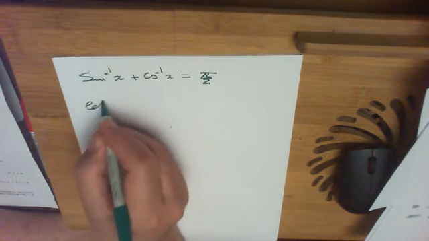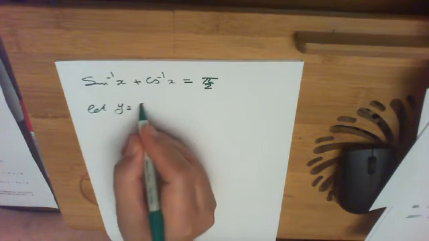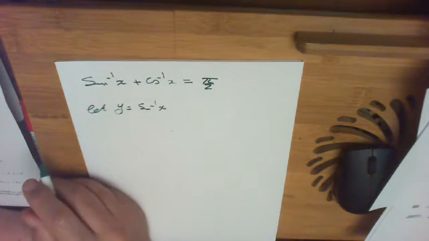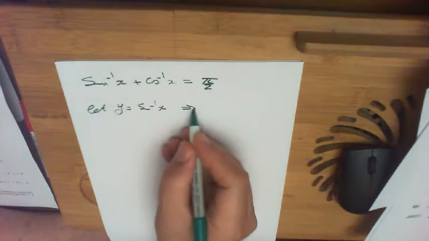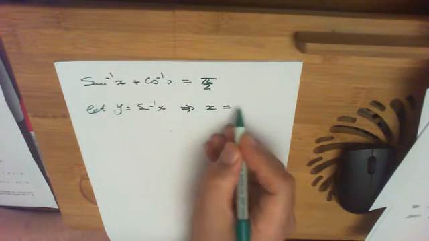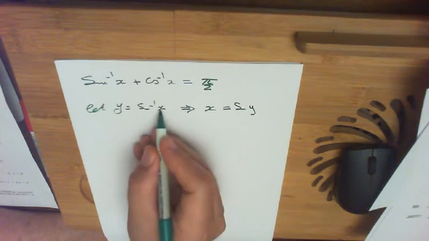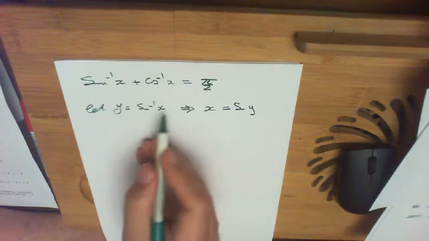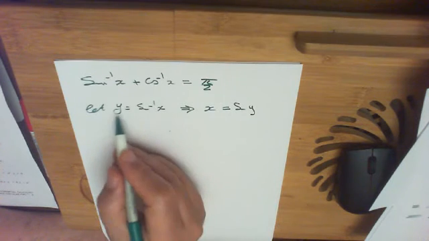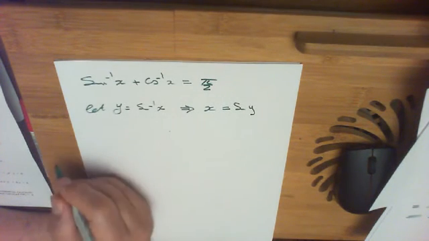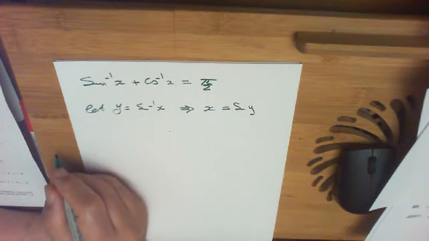Okay, let y equals sine minus 1 x. This means that x equals sine y. Y is the angle of which the sine is x. So x equals sine of the angle y.